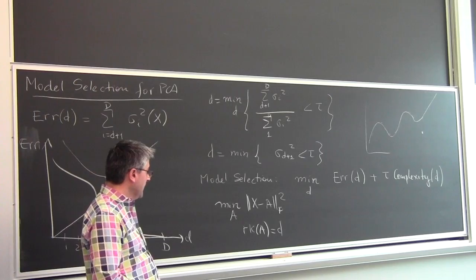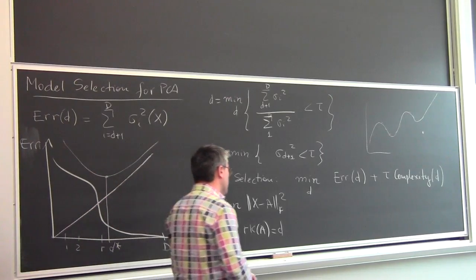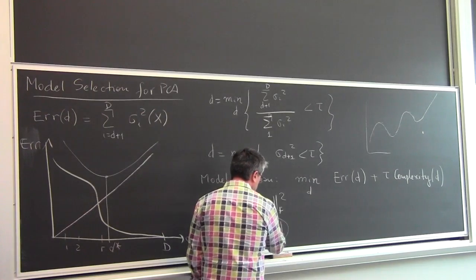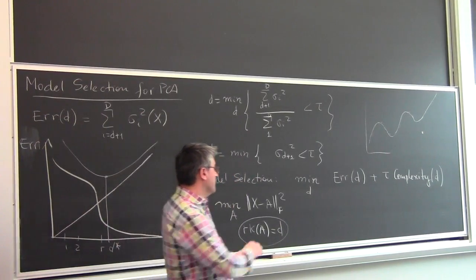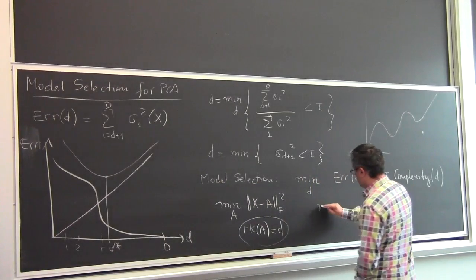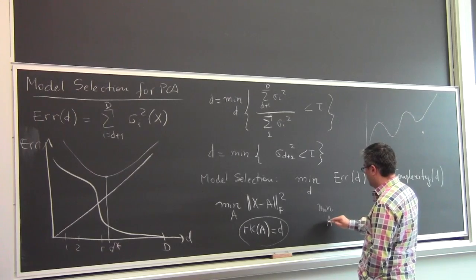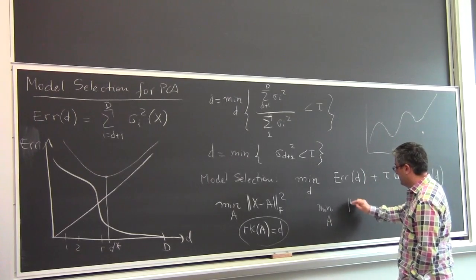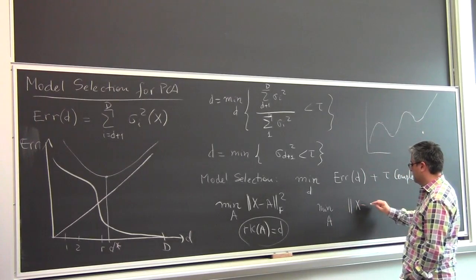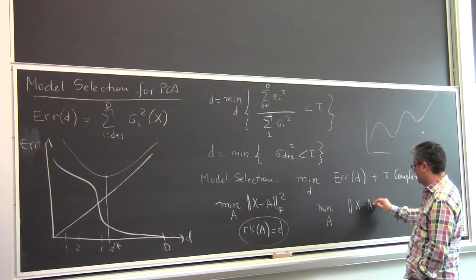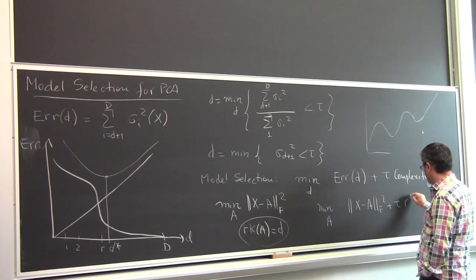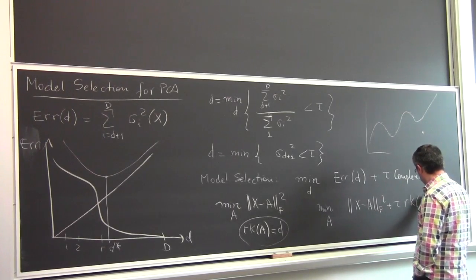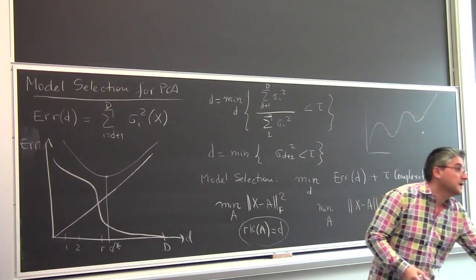Right? So the idea is that instead of enforcing the dimension to be known, what we're going to do, following this paradigm, is minimize with respect to A the error, X minus A Frobenius squared, plus tau times the rank of A. Okay?